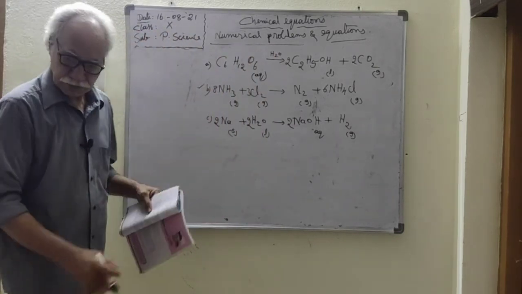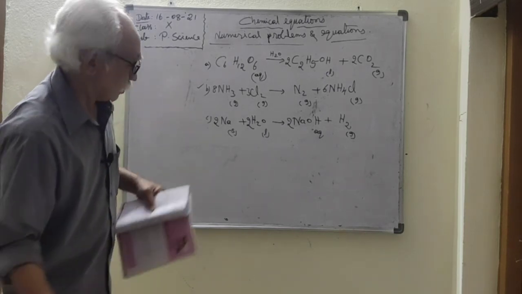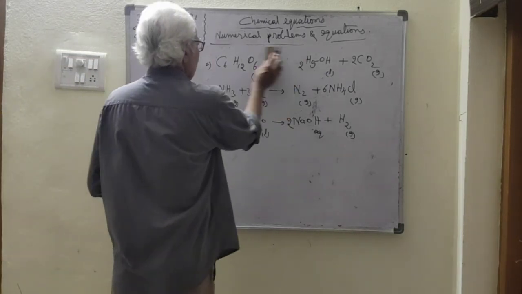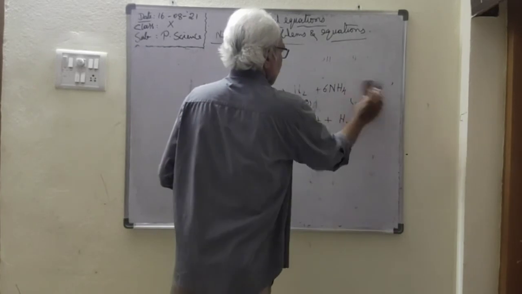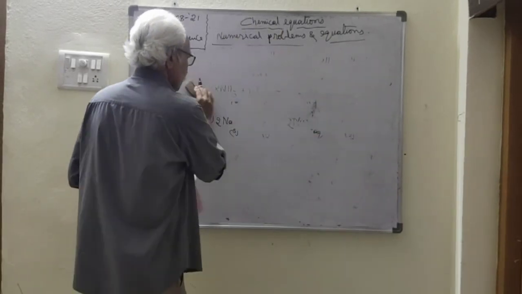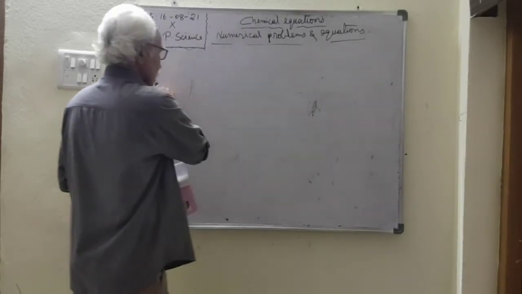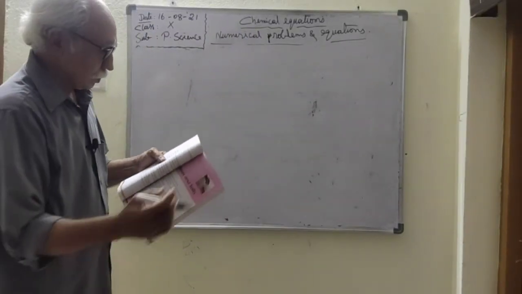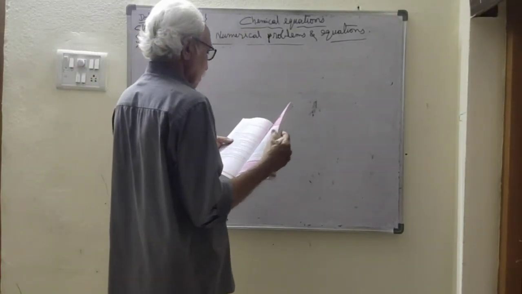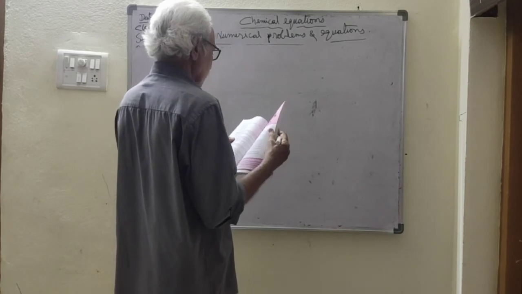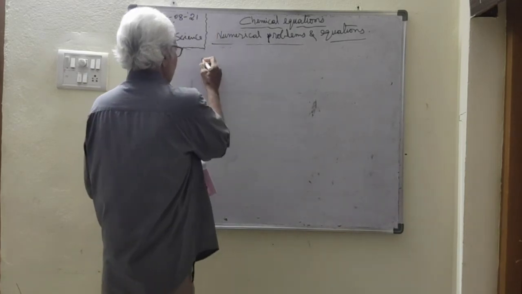Now next one is another one, an application concept. One more. Balance the following chemical equation by writing the symbolic representation.